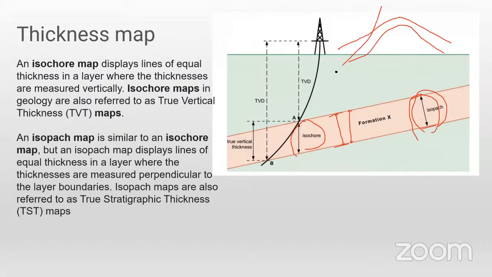You penetrate a deviated well in this area. So what is the true vertical thickness? The true vertical thickness in this area is this one, in this area is this one, and in this area is this one.